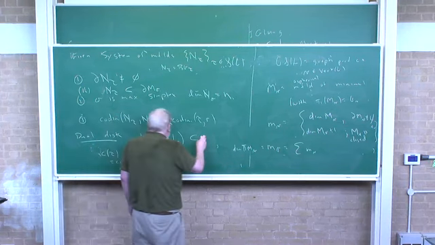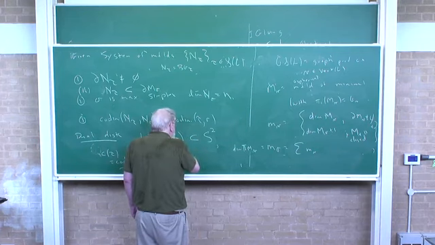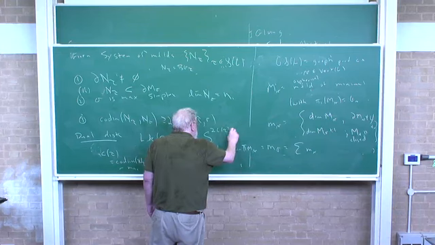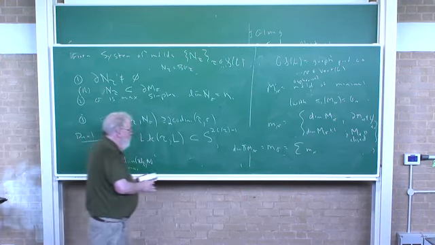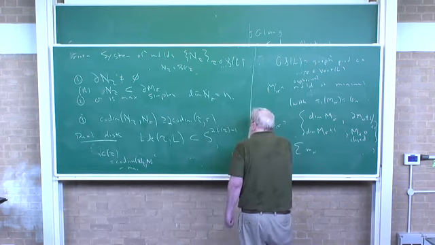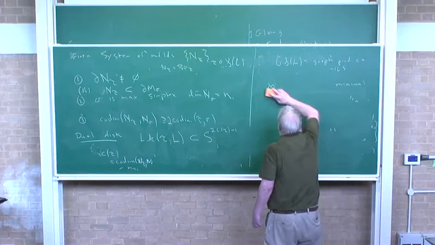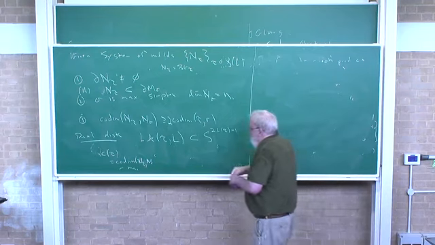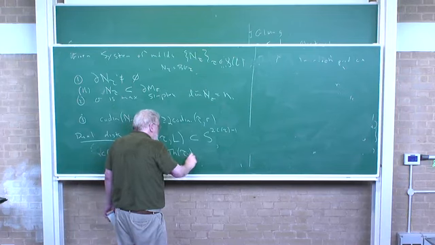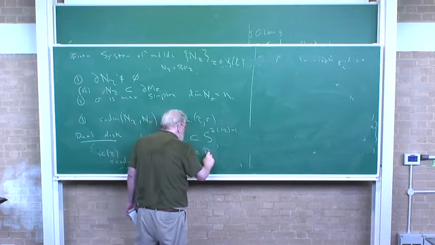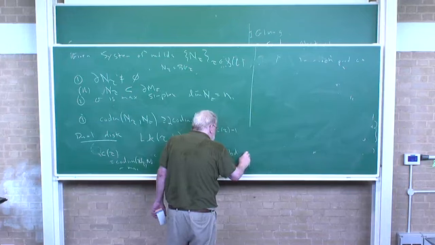You embed this in some sphere of dimension at least twice the dimension of the link plus 1, which you can always do. And then you thicken this up. I call the thick link, the thick version of tau, a regular neighborhood of the link in the sphere.